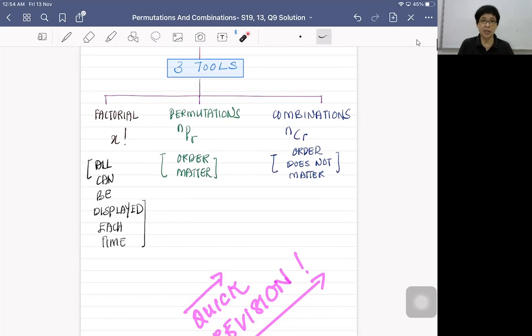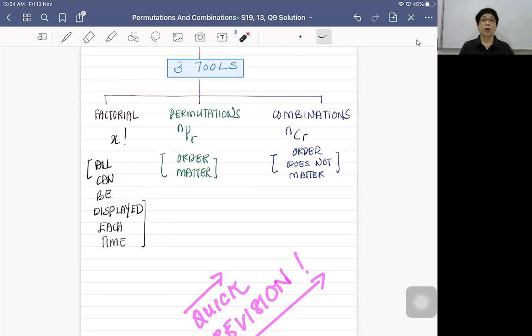Why do we organize them that way? Simply because for factorial, you will notice that in a certain kind of arrangement with x number of choices, for example, if x is 5, that means you are given 5 items, like 5 books or 5 pictures to be displayed on the wall, each time you arrange the 5 pictures you have the liberty that all of them can be displayed together.